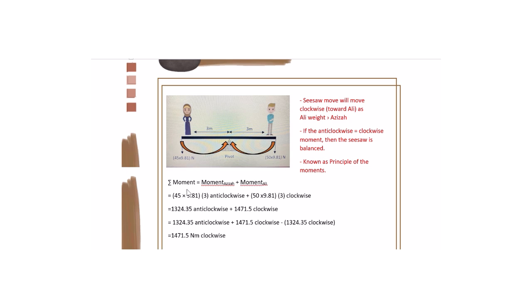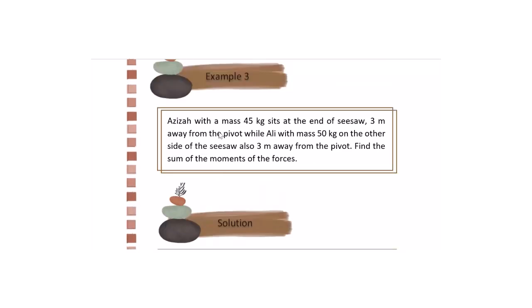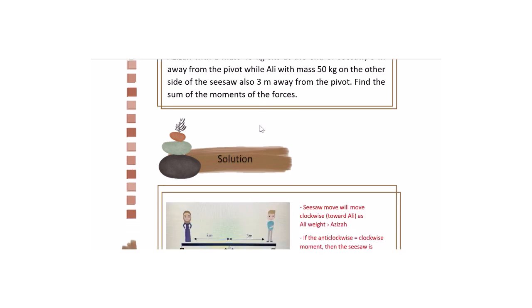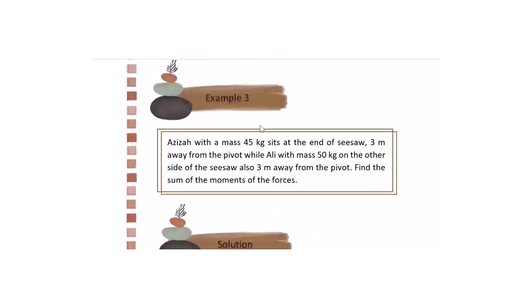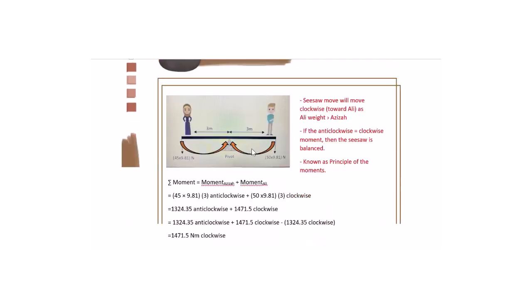For the force, given from the question, the mass of Aziza is 45 kg, so we need to convert to SI unit. So 45 kg needs to be multiplied by gravity 9.81, so we get the value in Newton.